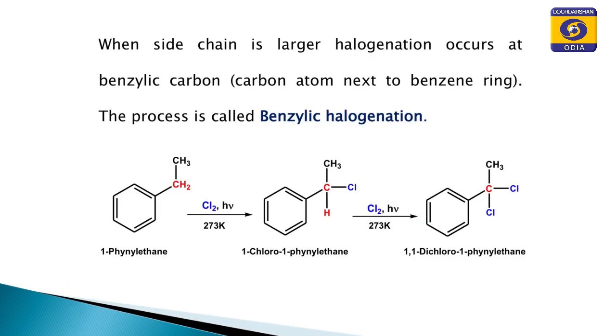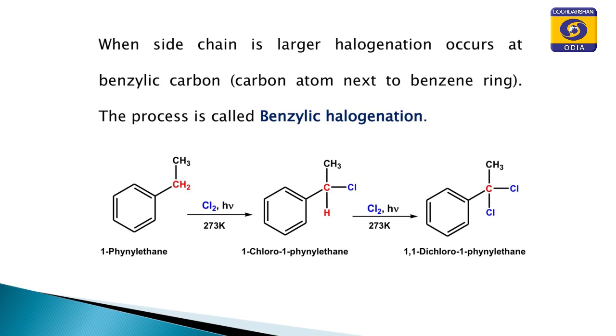For example, in ethyl benzene, as mentioned in the slide, the carbon atom marked in red is bonded to two hydrogens. By this halogenation reaction, these two hydrogens can be replaced, producing 1-chloro-1-phenylethane or 1,1-dichloro-1-phenylethane as the products.